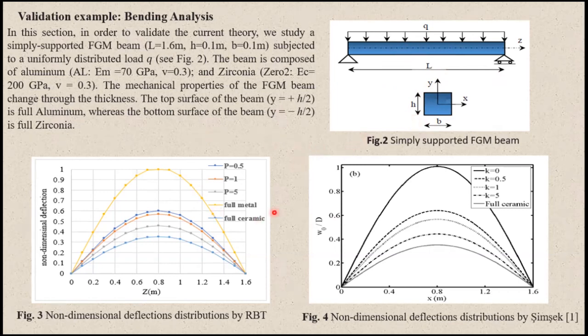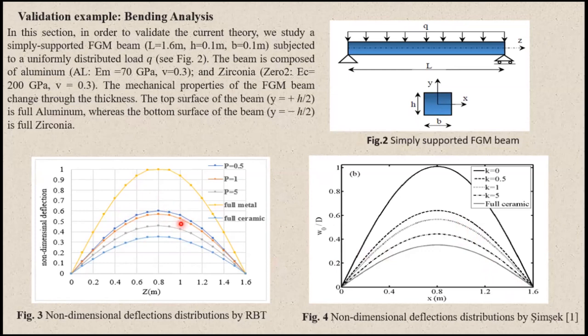The comparison of non-dimensional deflection between our refined beam theory and the high-order shear deformation theory shows that the present results are in excellent agreement with high-order shear deformation theory.